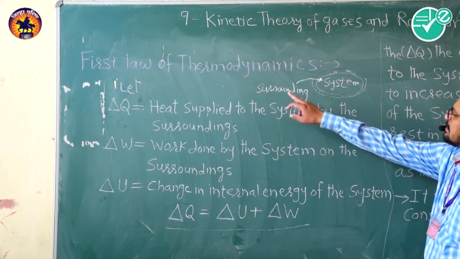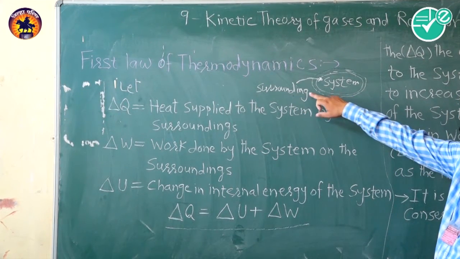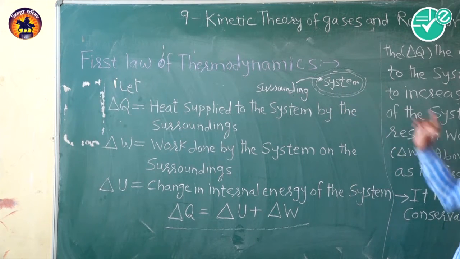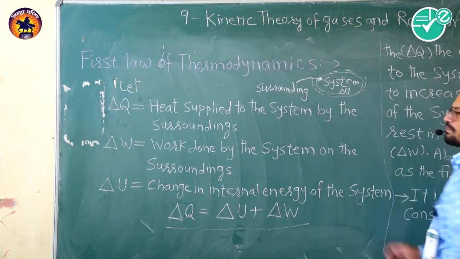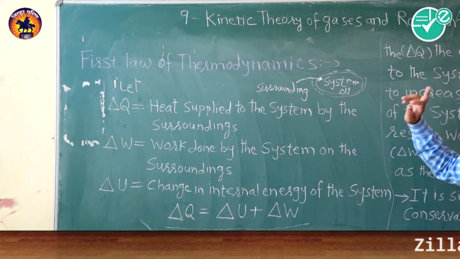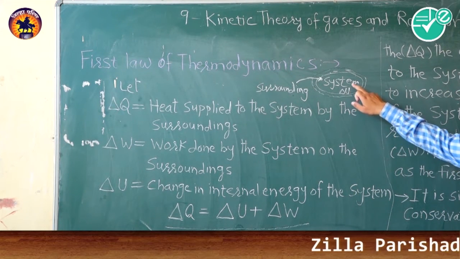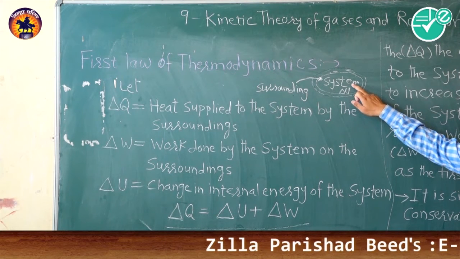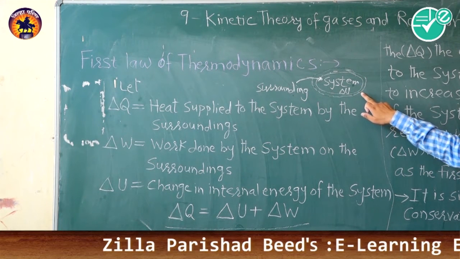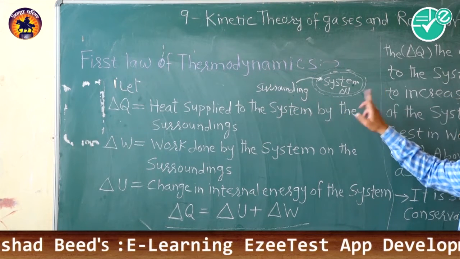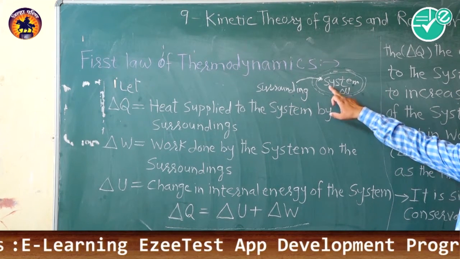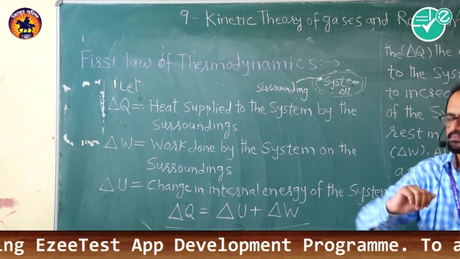After getting the heat energy from the surrounding, its energy, that is called total energy, internal energy, also increases, and with the rest of the energy, work is done by the system on the surrounding.